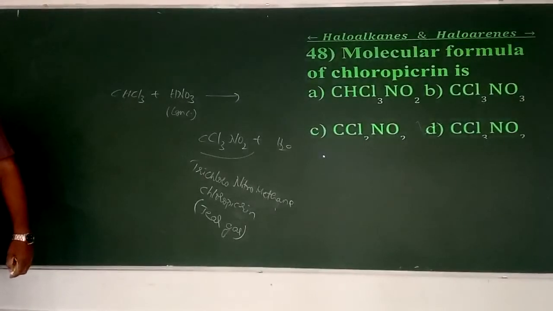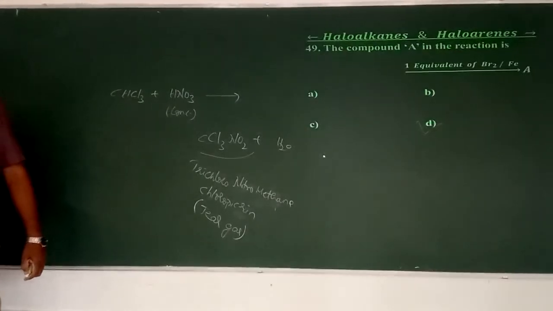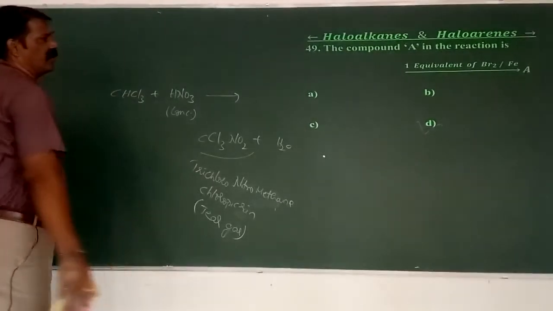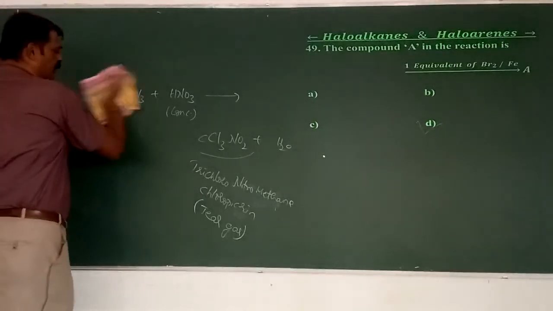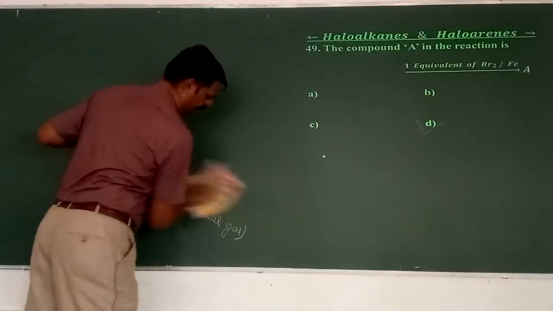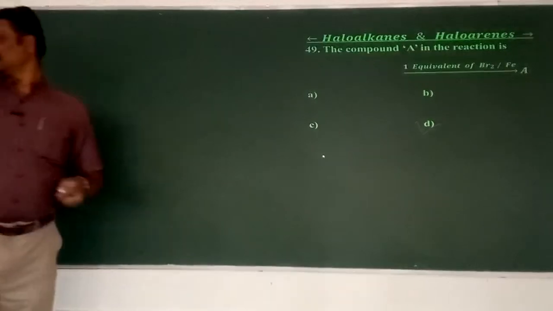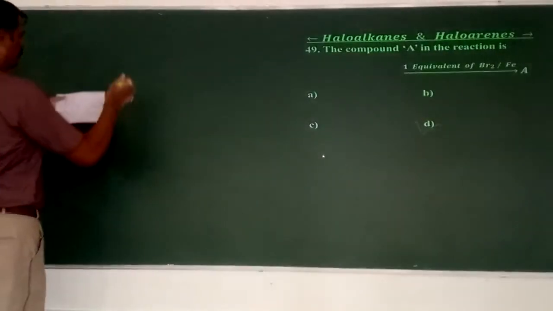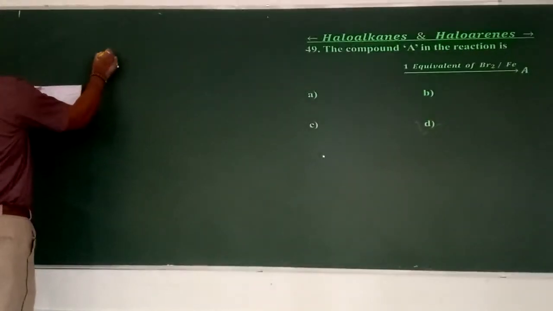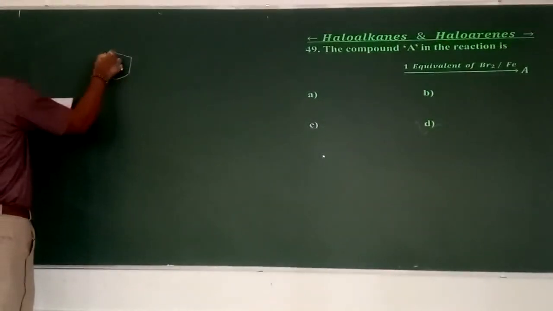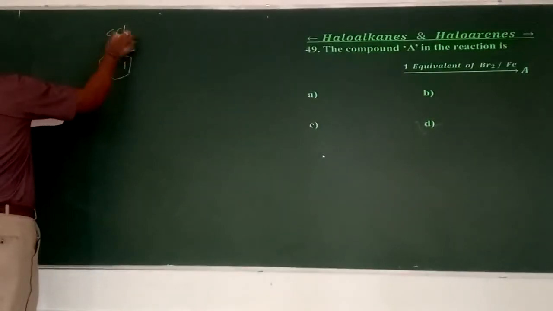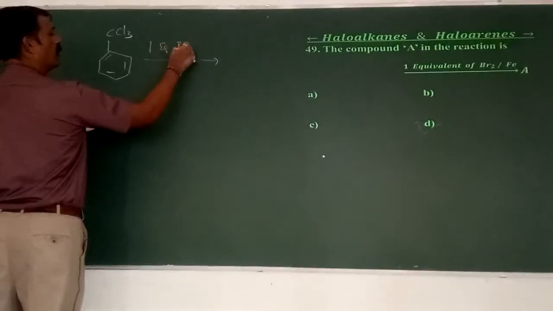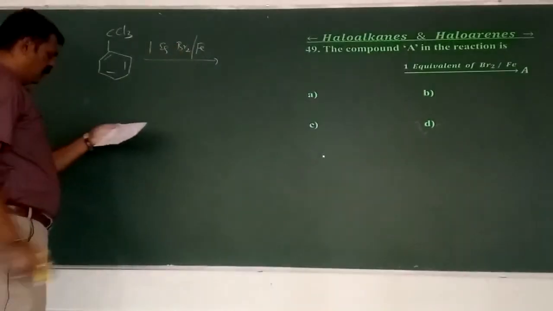Let's have 49 here. The compound A, what's that A here? In the reaction, first I have to write the reaction for that. Toluene-type compound with CCl3, with one equivalent of bromine in presence of iron. I will write the products here.